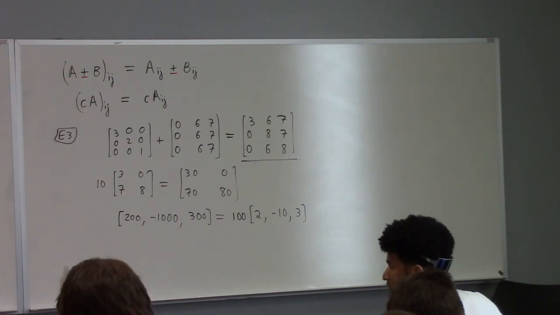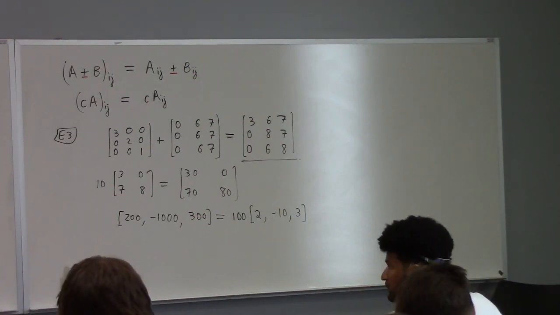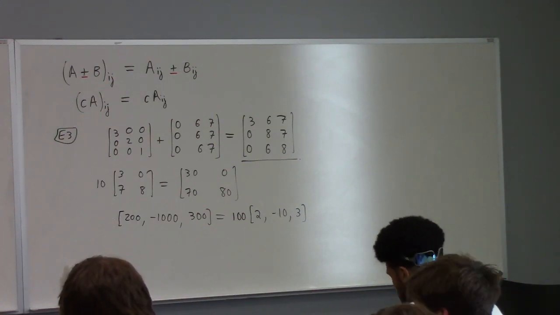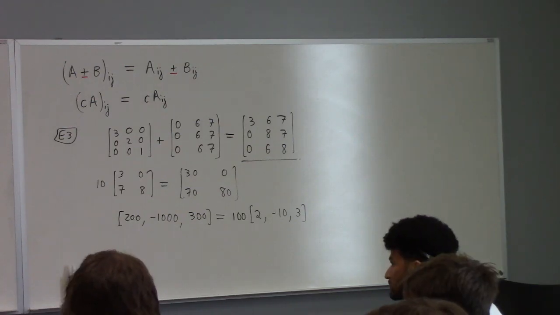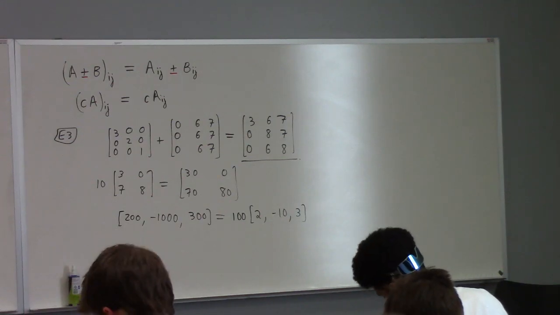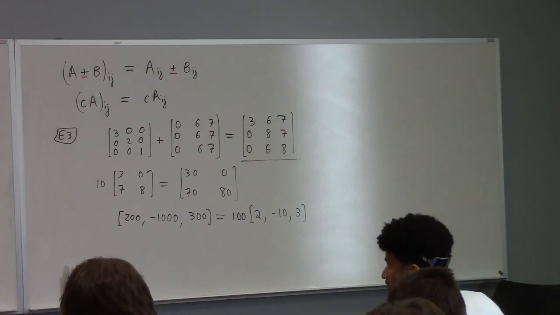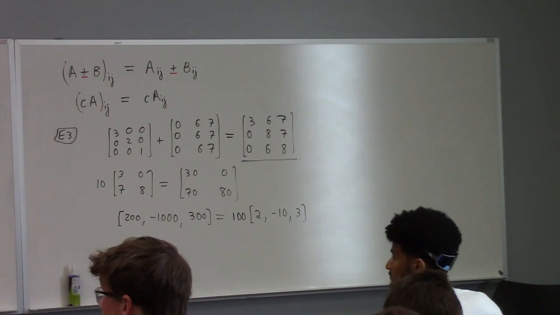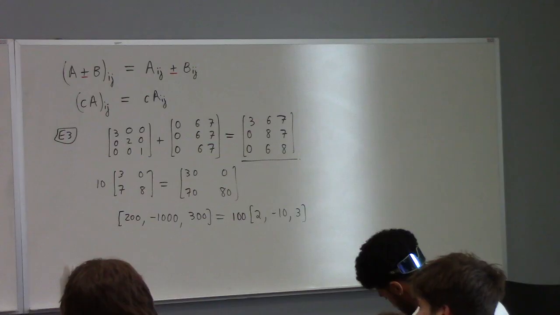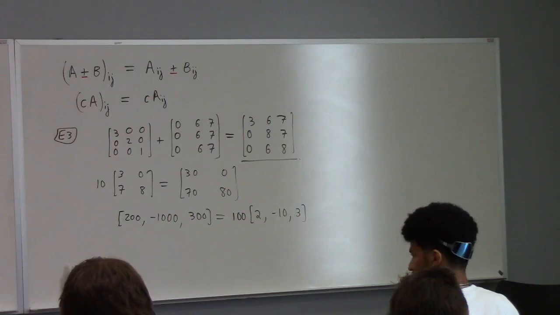These have to be matching. If that's the case, then we define AB to be an element of R m by p, m as in mommy, p as in penguin, I guess. Then the ijth element of AB is by definition the sum, k equals 1 to n, of a i k b k j. That is a stone cold formula, a definition for matrix multiplication in a lot of cases.